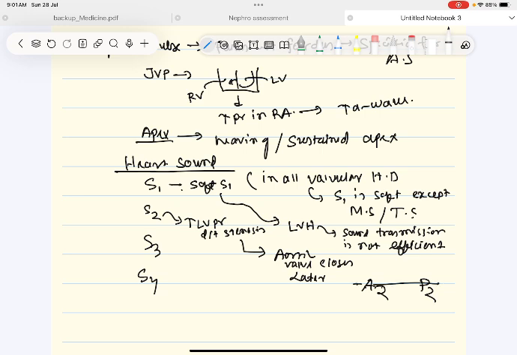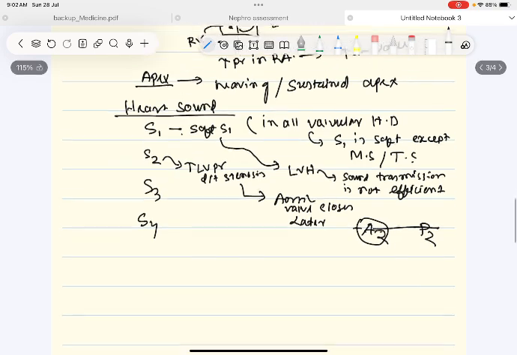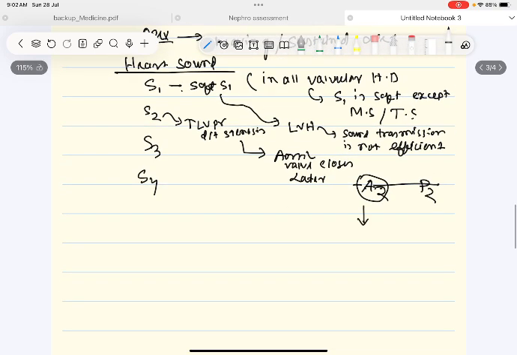So in aortic stenosis, the aortic valve closes later, and reverse splitting occurs, which is present in severe aortic stenosis. Reverse splitting of S2.